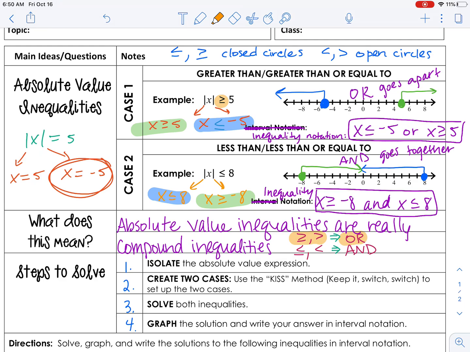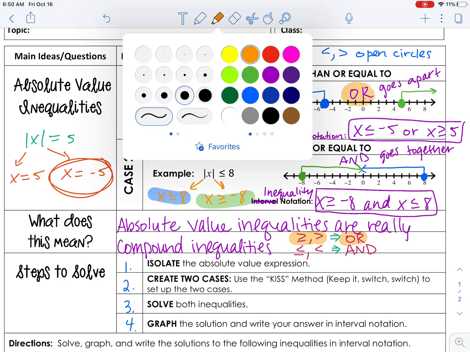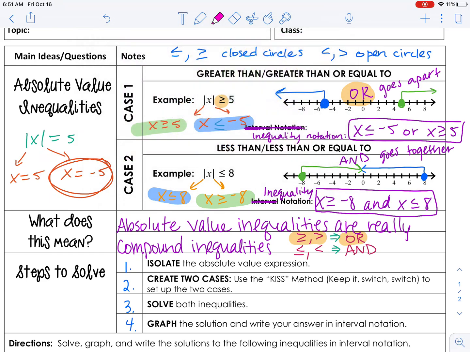So here we started out with greater than, and we had an or compound inequality. When we start out with less than or equal to, most of the time this is going to be an and. So here we started out with less than or equal to, and here we had an and compound inequality.